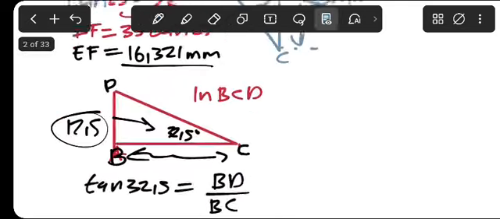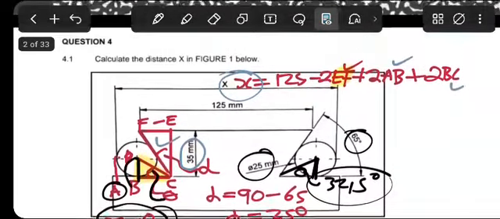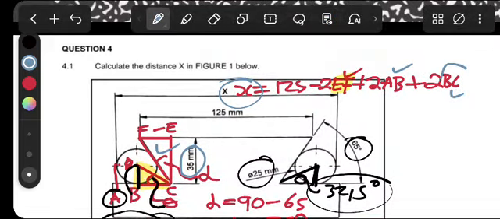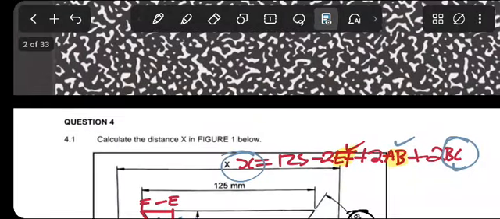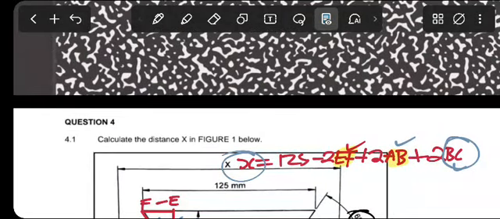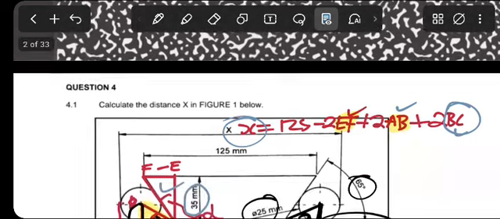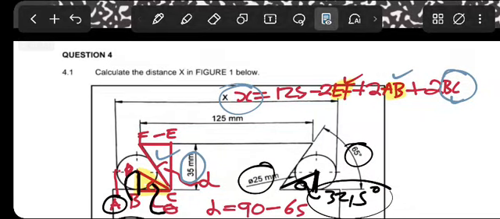So what are we left with again? Now the aim is to calculate BC. Let us get BC. All right, now let us get AB. How can we get AB? Let's check. Do we have AB?